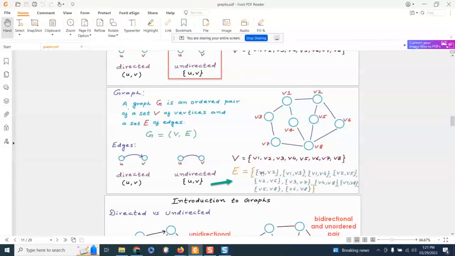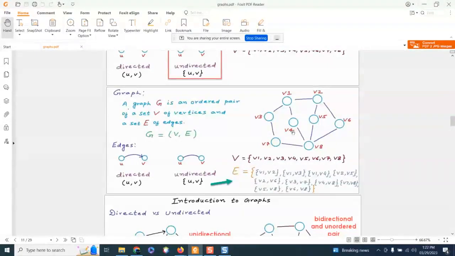So in the undirected graph, we can find out all the edges, and then we can put them in any order. So first, start in chronological order. We can start with V1 going to V2. So that's the first unordered pair. This is the second unordered pair. So all the possible combinations: V1 to V2, V1 to V3, V1 to V4. Then we move to the next node, V2 to V5.